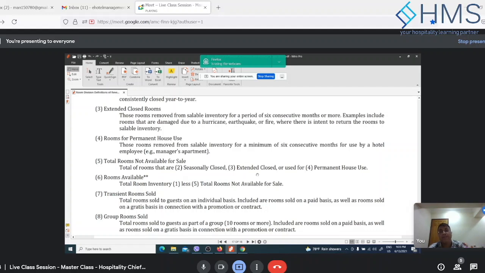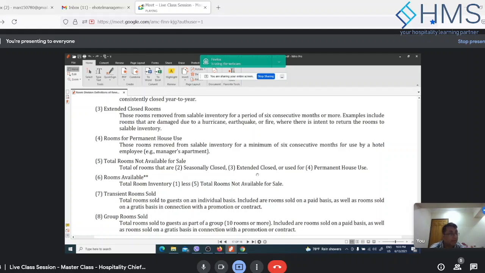So we let them stay because the room is empty. But whenever we have a full house, we ask them to vacate the room and then we give it to the guest. So the criteria for permanent house use is to see whether we can sell the room at short notice or not.